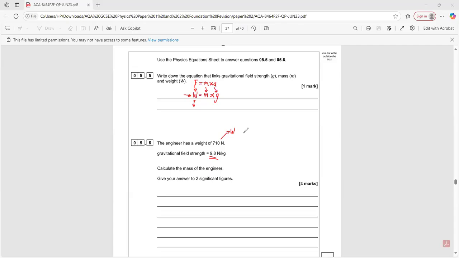That's simple. W equals mg, m times g. So 710 equals, I usually like to put a dash across my 7 so that I know it is 7.